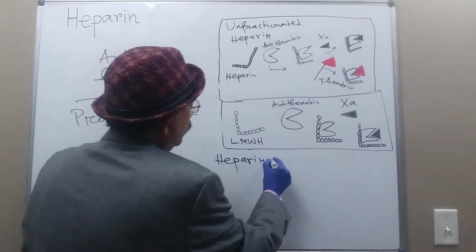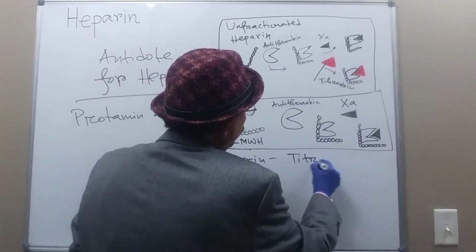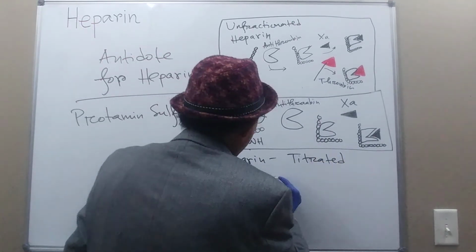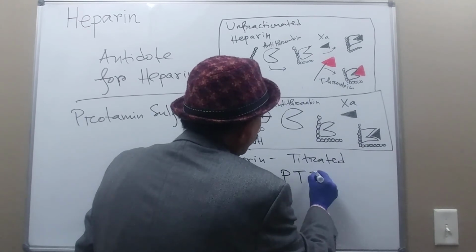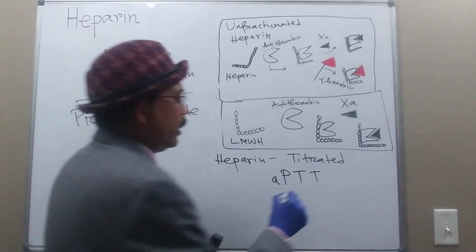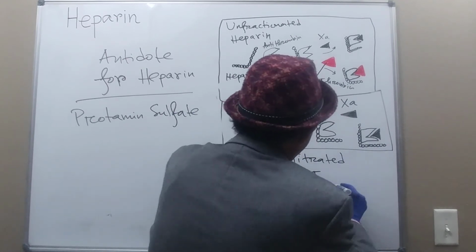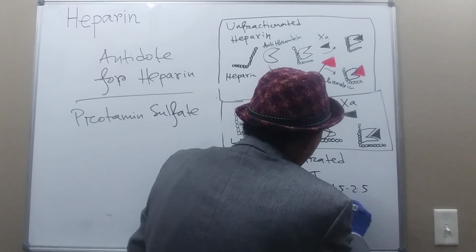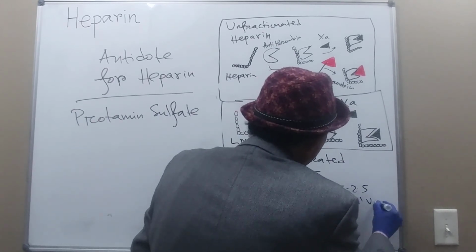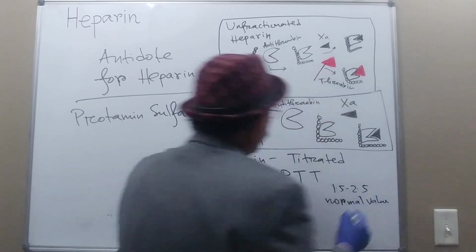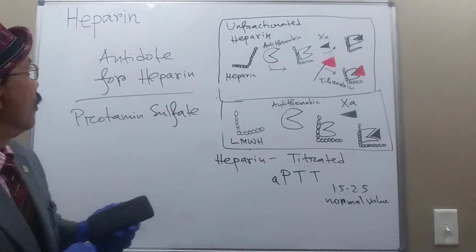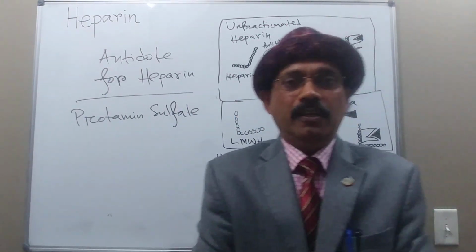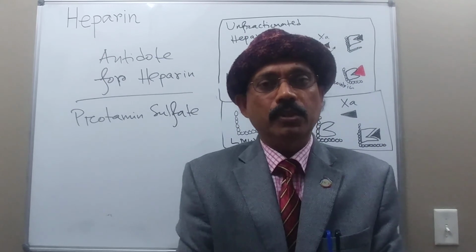The dose should be titrated by assessing the activated partial thromboplastin time, aPTT, which should be around 1.5 to 2.5 times the normal value. Okay, so this is the way. So we got the heparin and the low molecular weight heparin, and that's all about the pharmacology of heparin.